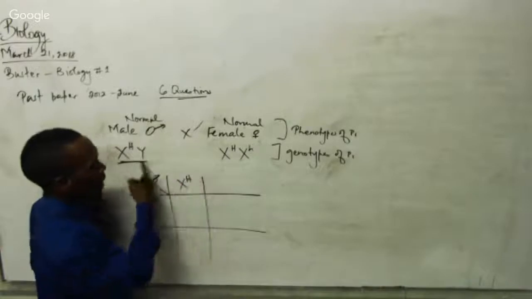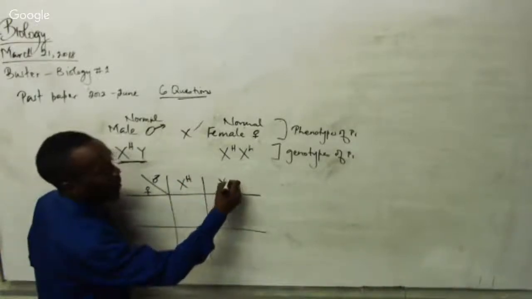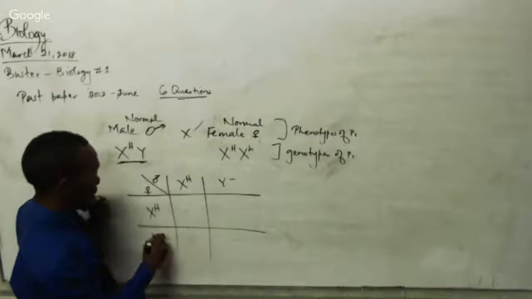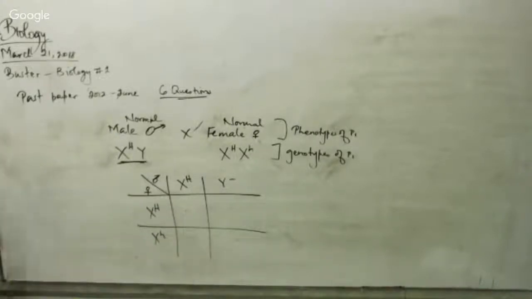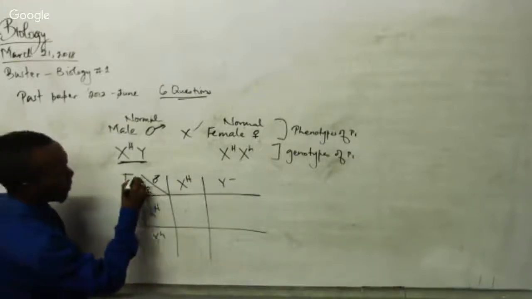X. And remember that the H is connected to the X. And then over here you have the Y, nothing on it, so you just leave it like that. And then for the lady, X big H, big H and small H. Yeah, exactly. And you close the box. All right.